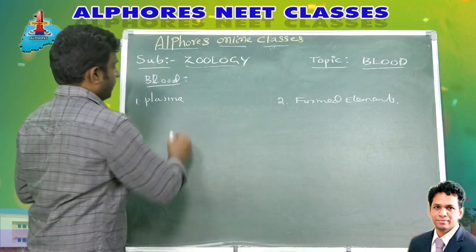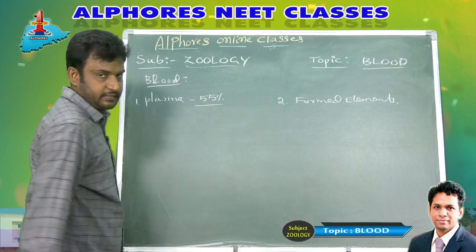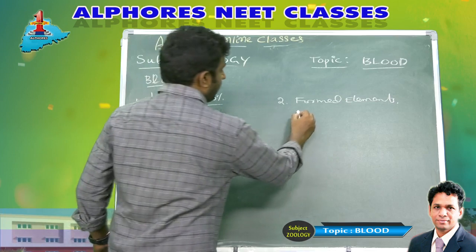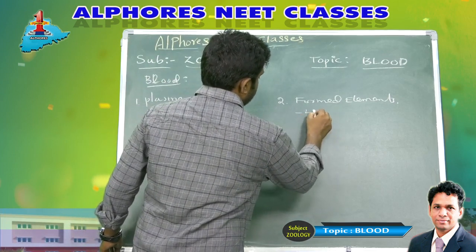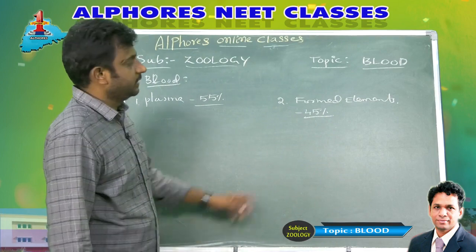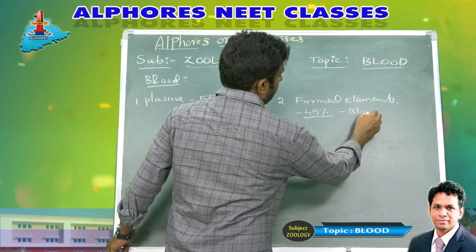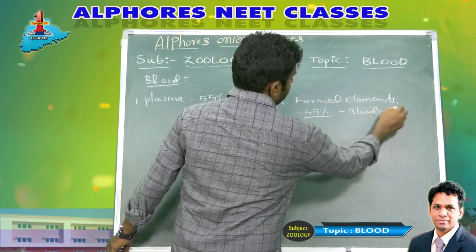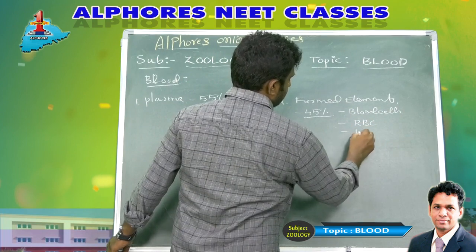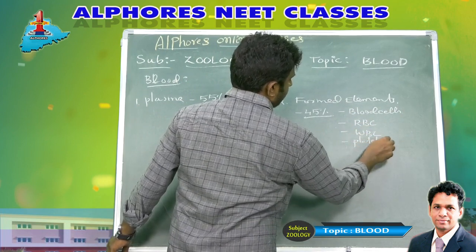Plasma: 55% of the blood consists of plasma, and 45% is formed elements. Formed elements means blood cells, which consist of RBC, red blood cells, WBC, and platelets.